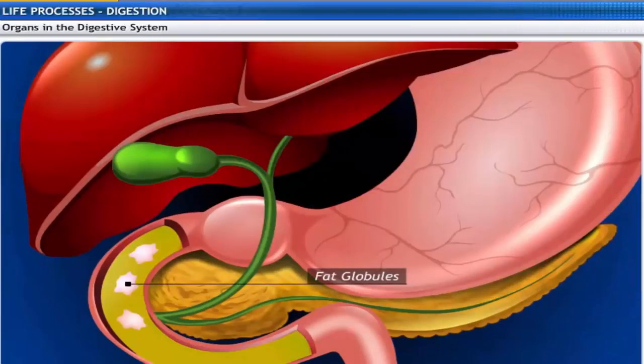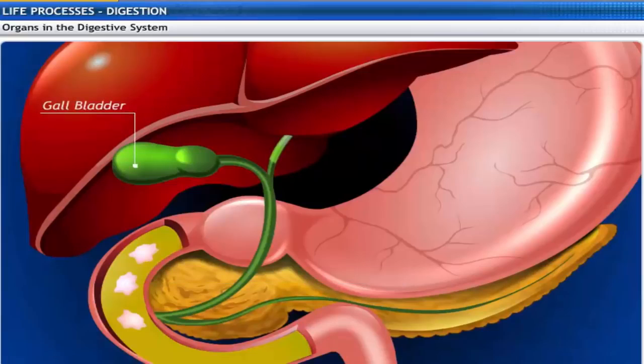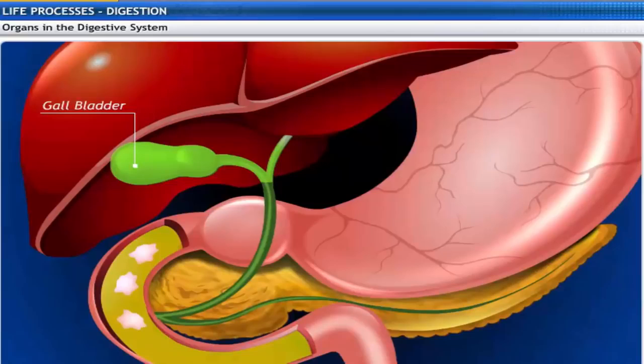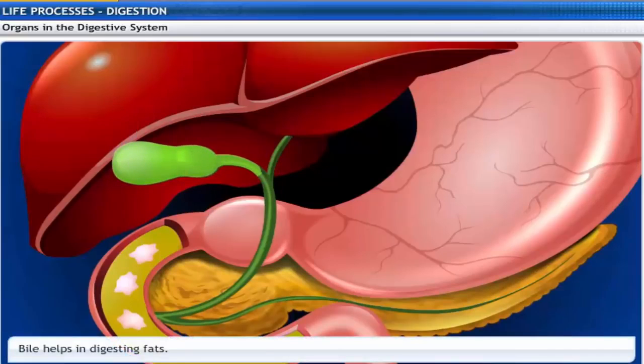These fats are broken down by the bile juice secreted by the liver. The liver is a digestive gland that produces bile, which is stored in the gallbladder until it is required. Bile contains bile salts that break down the fat into smaller globules.